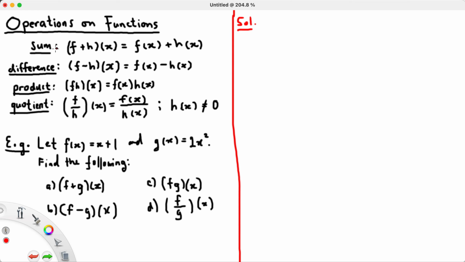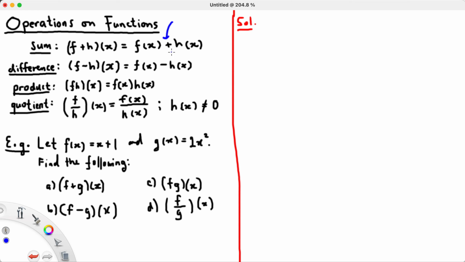In the sum rule, we're adding functions. Observe what we have here in the sum function: if we have a function f over here and a function h over here, both in terms of x, we're going to take the function f of x and h of x and add them together.